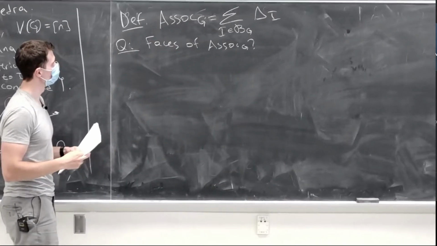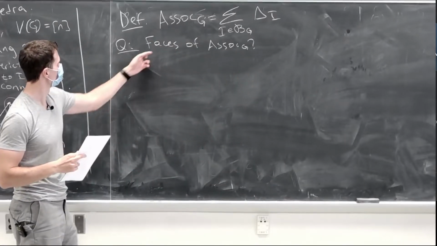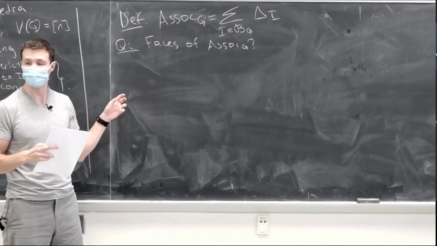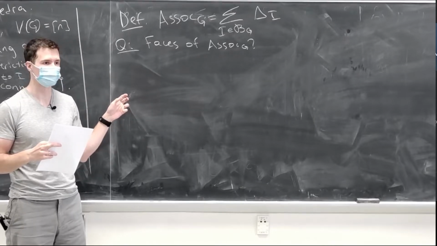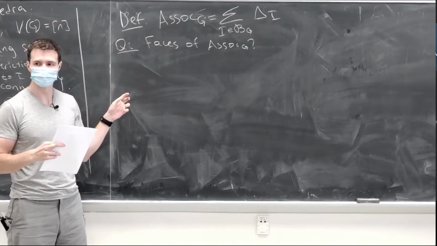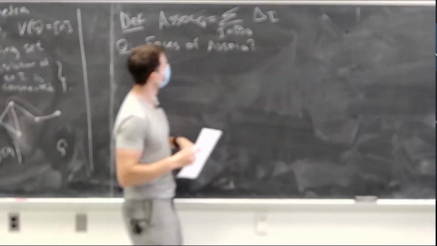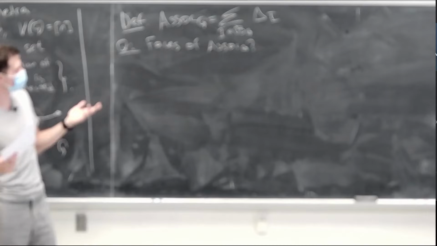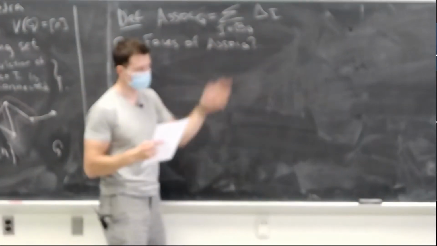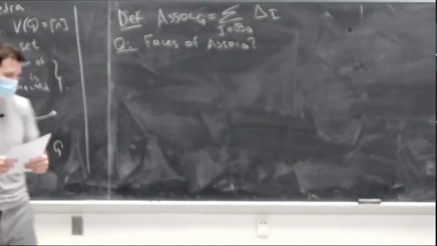So let me know if anybody has a guess for what the faces should be. Yeah, it's kind of tricky, right? You have this Minkowski sum. We know how to find faces of the Minkowski sum, but still it looks kind of tricky. So let me actually write down a definition.